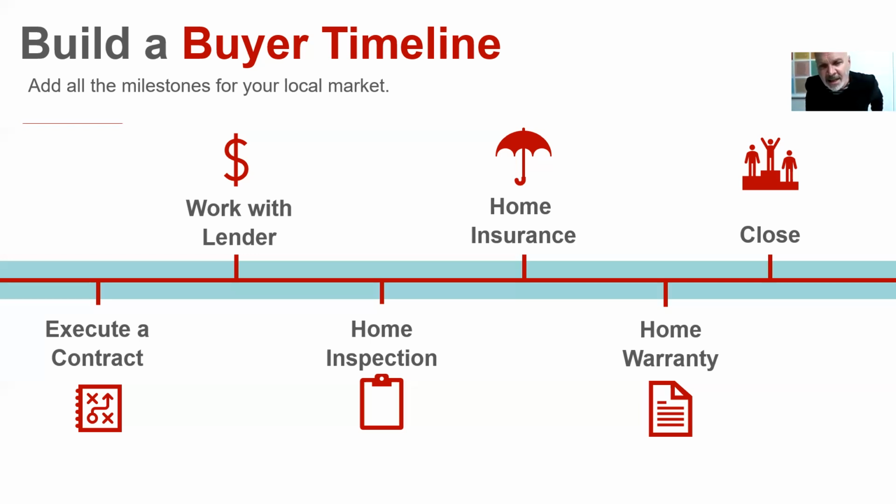You want to stay in constant contact with the lender. What you don't want to do is be the conduit between the lender and the buyer. Let the lender do their job. Let them communicate all the information they have to the buyer.